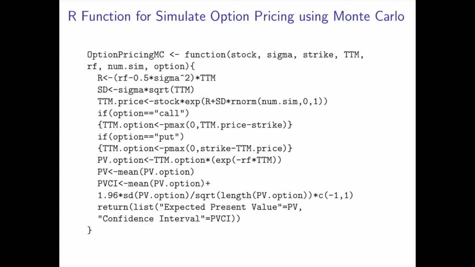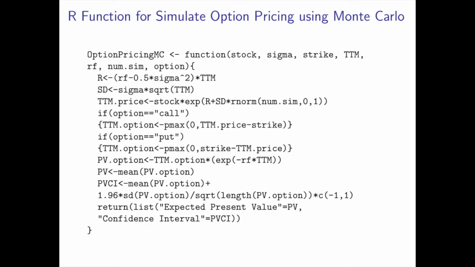In R, we can use the pmax function to calculate the maximum between 0 and ST minus K for each value within our TTM price sequence. Then we can calculate the discount of each value to the present by multiplying by e to the power of minus mu times time to maturity, giving our TTM option sequence.